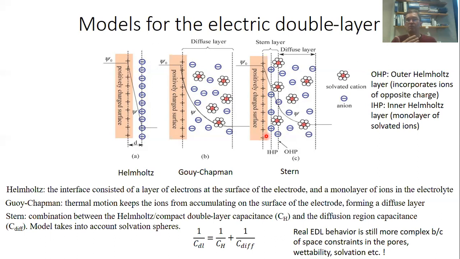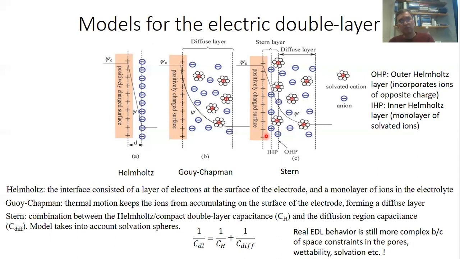Further, the nature of the pore surfaces also needs to be considered. For instance, the hydrophobicity, how well the electrolyte can actually wet a particular surface. That also influences the nature of the double layer that forms on the particular surface.